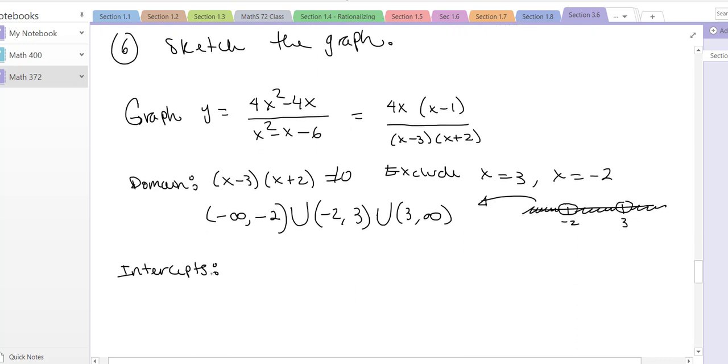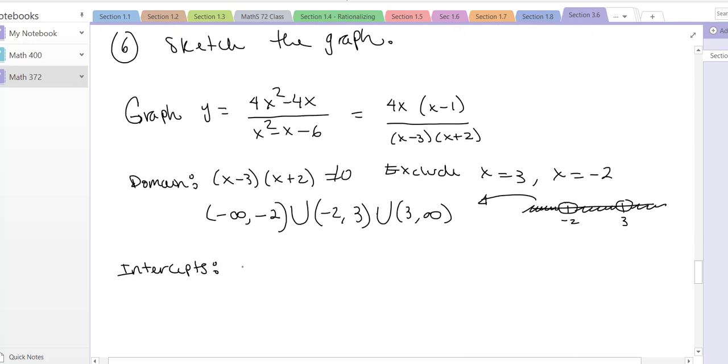So let's find the y-intercept. The y-intercept, we find it by setting x equal to 0 and solving for y. So when I set x equal to 0, then my function is y equals, and I can use either form.